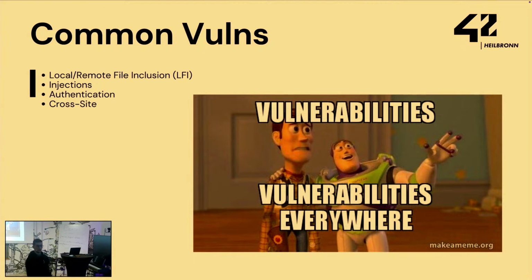So file inclusion, either local or remote, will basically allow you to view files in the server which you're not allowed to view. And we're going to see an example of vulnerable code in a second. Just remember, local and remote file inclusion will allow you to view files or things in the server that you're not supposed to be viewing. Why? Because the server is serving you a website. And what is a website? It's a file. So sometimes you can just bypass.